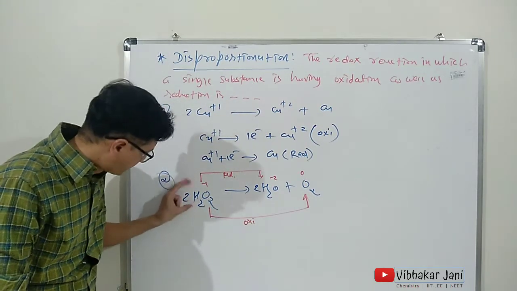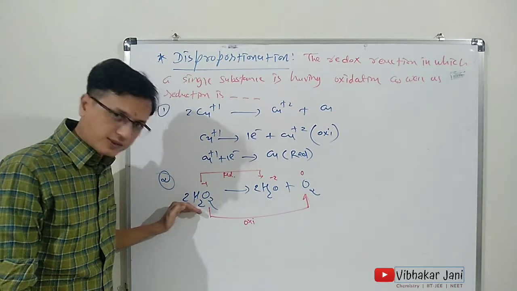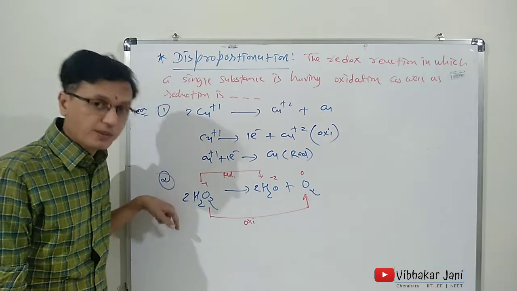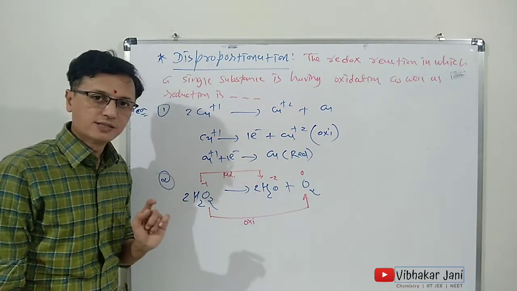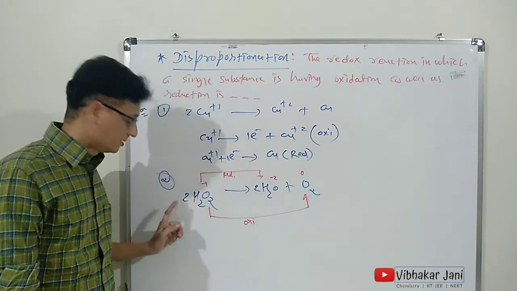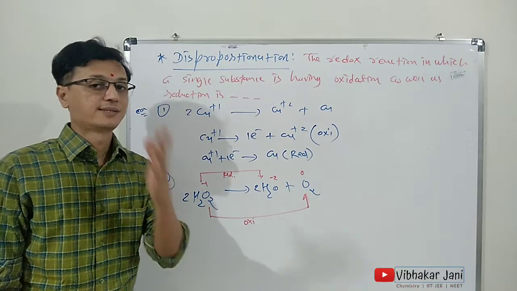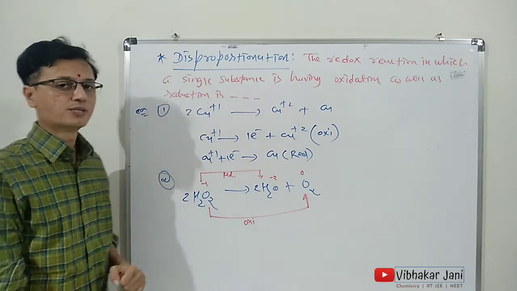So the same substance, that is the oxygen in hydrogen peroxide, is having oxidation as well as reduction. That's why this reaction is also an example of disproportionation.